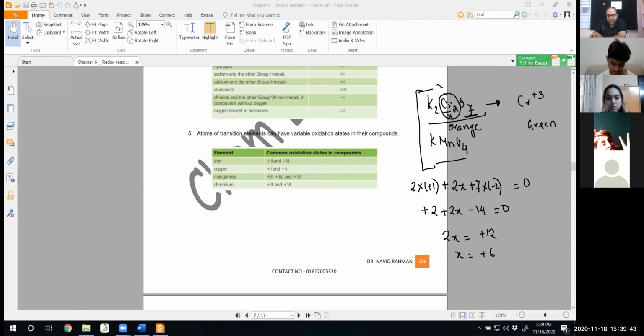So here the chromium ion has oxidation number of +6, and when it is in oxidation state +6, it gives you an orange color. And when it turns into chromium 3, it gives you a green color, because chromium 3 gives you a green color. So here we can learn two things. First of all, transition metals have variable oxidation states.